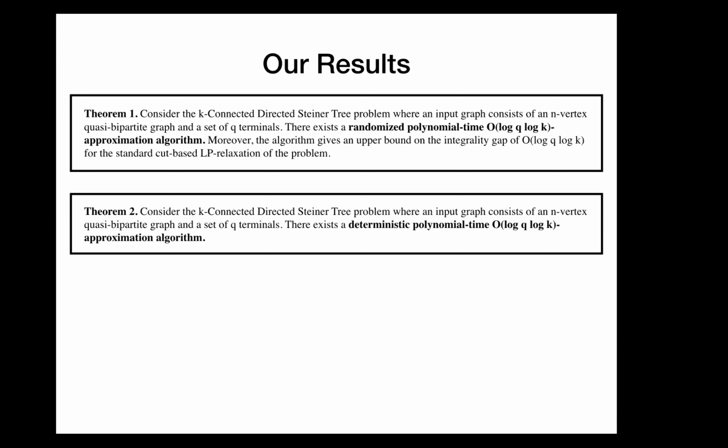Compared to previous results, which only work for k equal to 2 or need assumptions on the structure of the optimal solutions, our result is independent of the structure of the optimal solutions and works for arbitrary k, though the algorithm is restricted to the class of quasi-bipartite graphs.